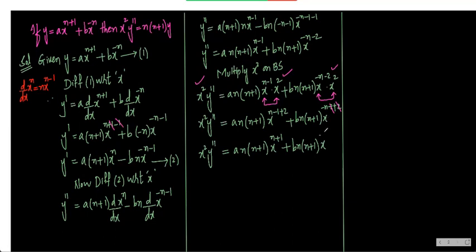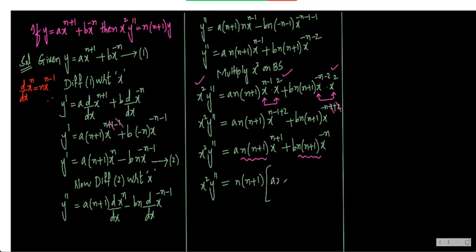अब what do you say, what is the common, उसमें कुछ common आ रहा क्या? This is n into n plus 1. n into n plus 1 is the common term in both of the terms, so take it out. X square y double dash is equal to, if you take it out, n into n plus 1 as a common term, then what's left here inside in this bracket?